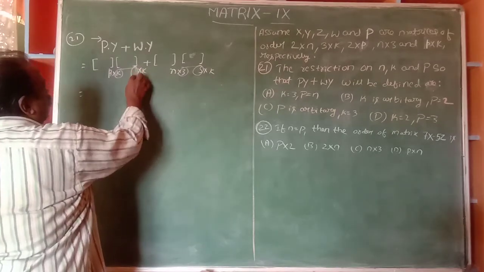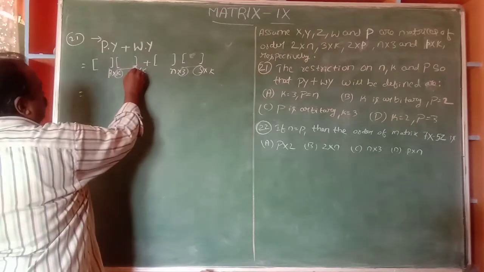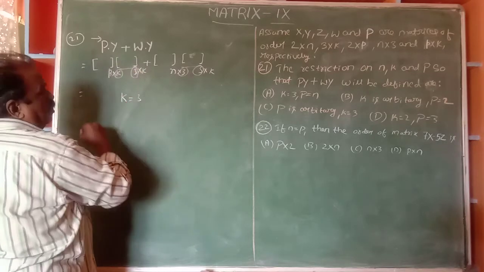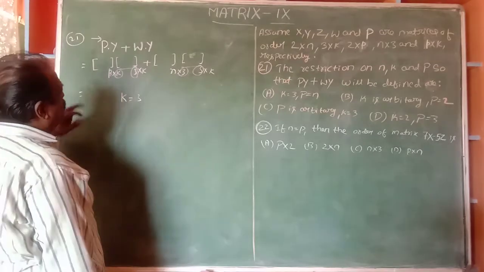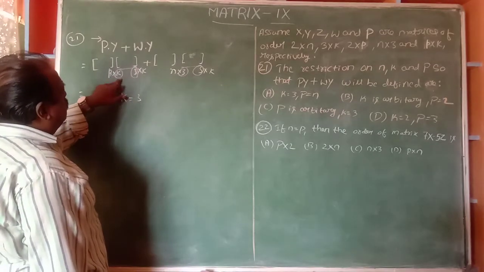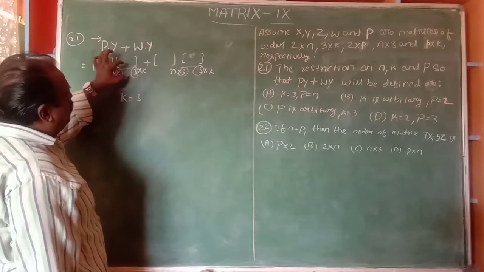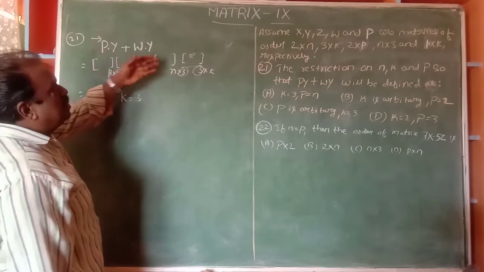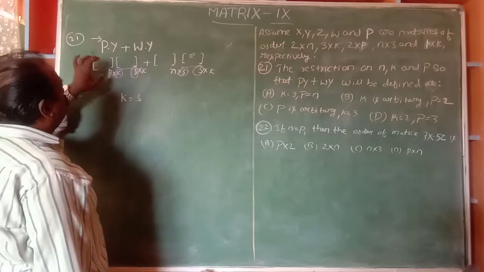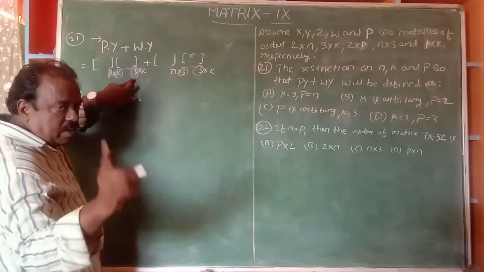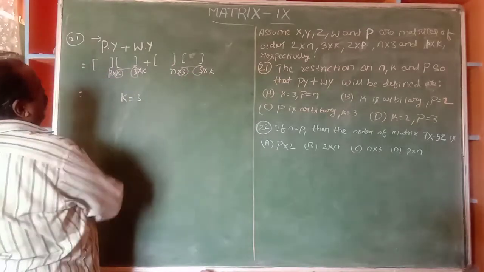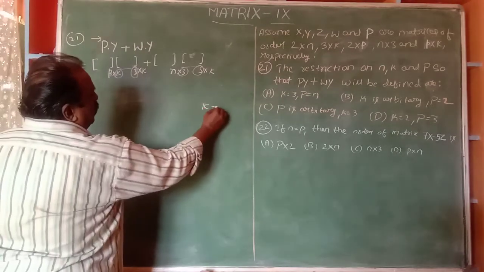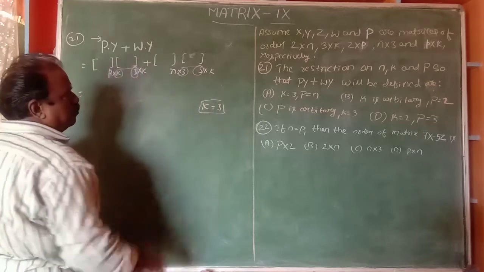Here, k must be equal to 3, because the number of columns and the number of rows must be equal. Then only we can make the multiplication. Here it is defined well. So k is equal to 3, that is the first condition.